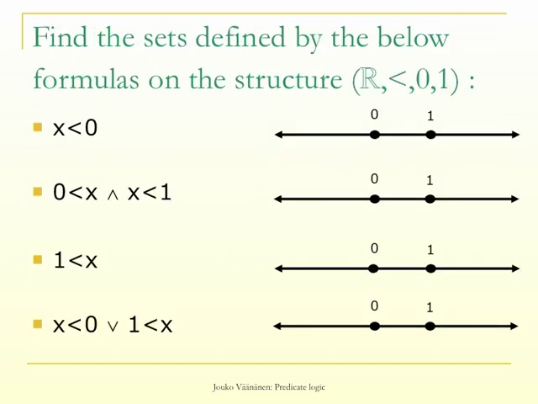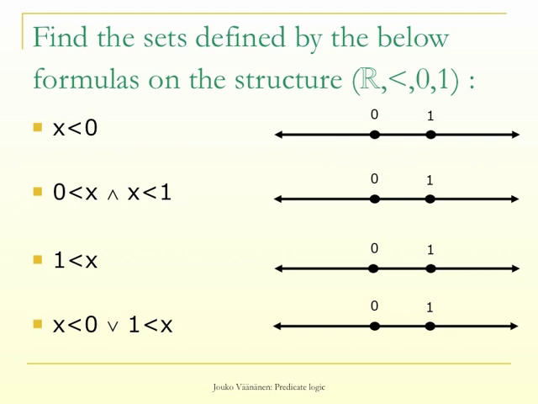Next problem. Find the sets defined by the below formulas on the structure R less than 0, 1. The first formula is x less than 0. So we are looking for the set of elements which satisfy this formula x less than 0. Here we are thinking of 0 as the constant symbol which is interpreted as 0.